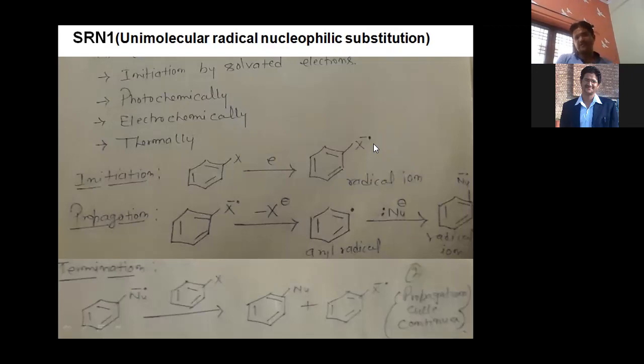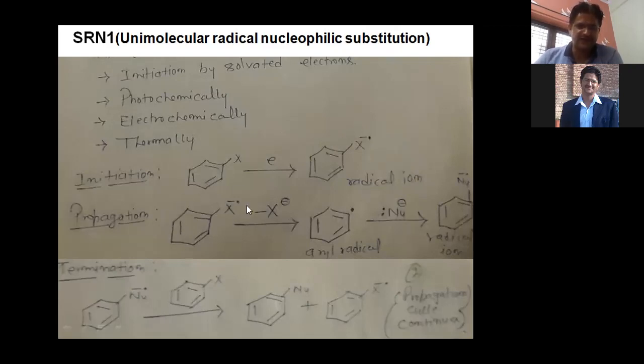So this is the initial step, where first, with the help of photochemical, electrochemical or thermal conditions, your solvent loses one electron, and then that electron reacts with your halobenzene. The chloro or bromo is a highly electronegative atom, and halogens can easily pick up that electron and convert the compound into a radical ion.